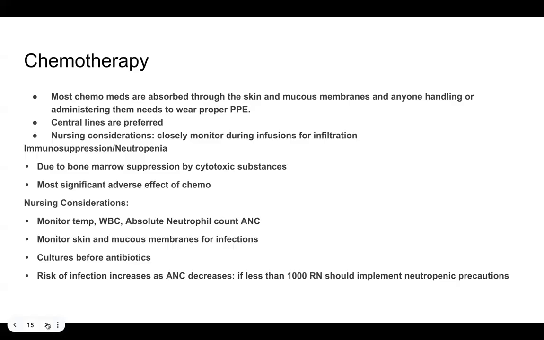Usually, this occurs due to bone marrow suppression by cytotoxic substances, and this is the most adverse effect of chemotherapy. So it's important to know that when you have patients taking cytotoxic medications, you need to monitor for neutropenia.